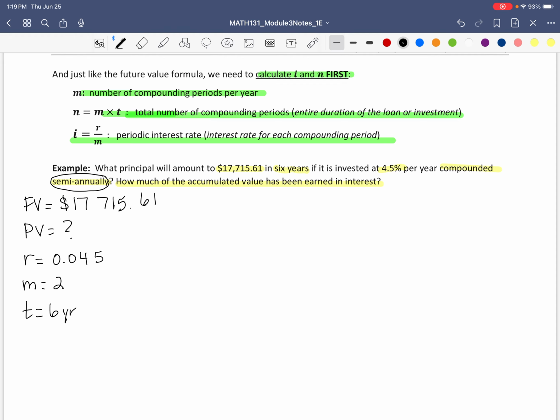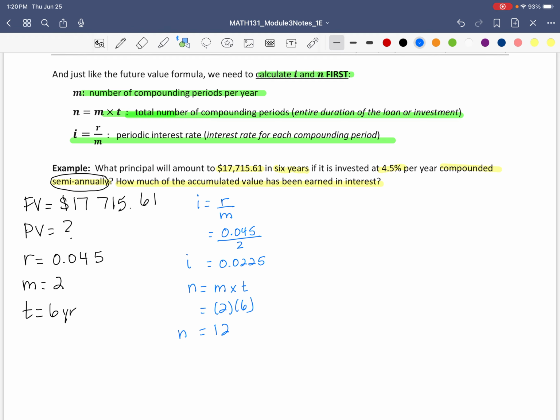Okay, so we remember we first have to solve for our I value, which is R divided by M. So our R value is 0.045, our M value is 2. And again, this works out to a decent decimal number, so we can keep that. And then for N value, it's M times T. So if M is equal to 2, T is equal to 6, we have an N value of 12.